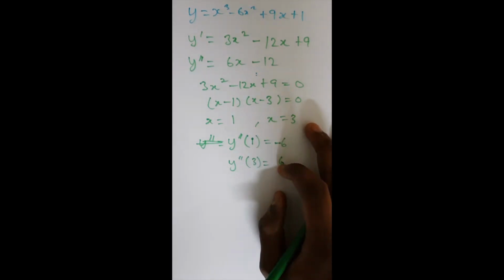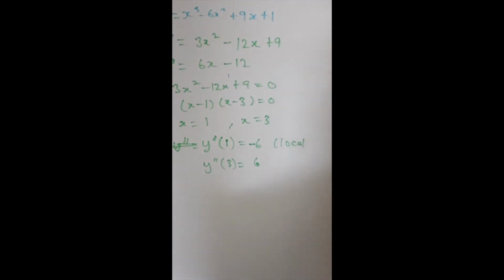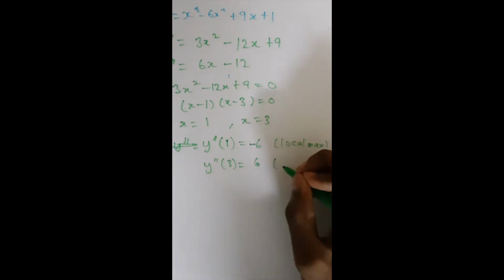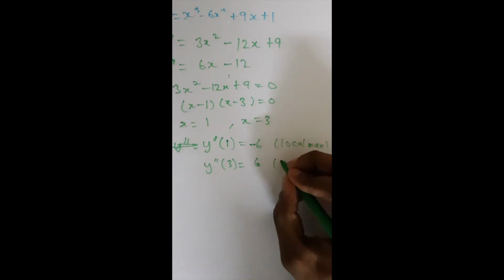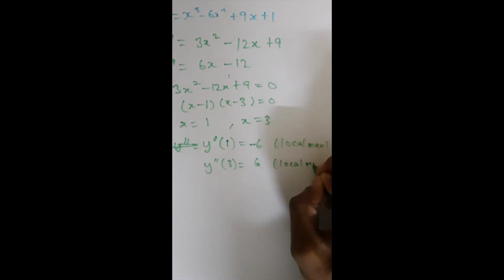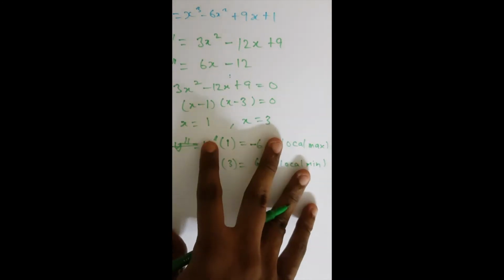So if it's negative, it is a local maxima. And then if it's positive, it's a local minimum. And that's how you decide whether this critical point is either local minima or maxima.